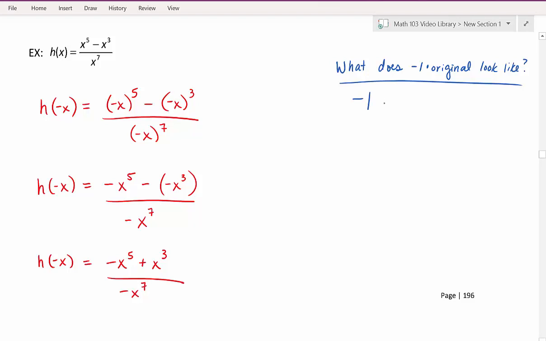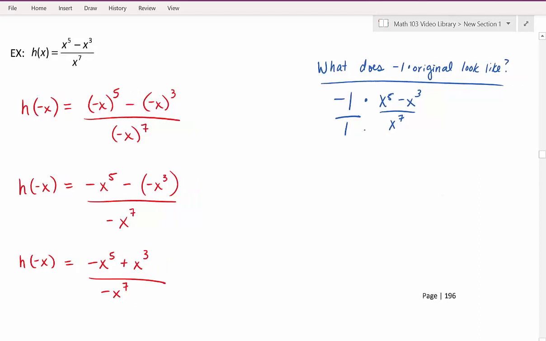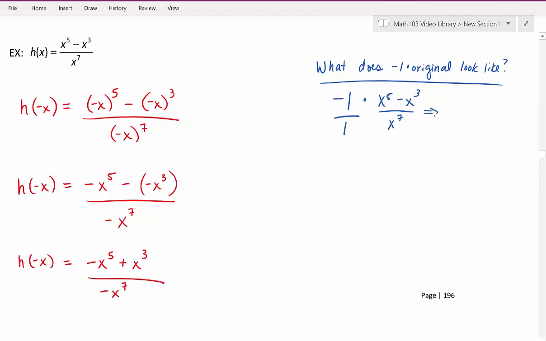So that's going to be negative 1 times this fraction. Remember, when you're multiplying a fraction by a whole number, you want to take the whole number and put it over 1. When we multiply straight across, we're going to get negative x to the 5th plus x to the 3rd over a positive x to the 7th.